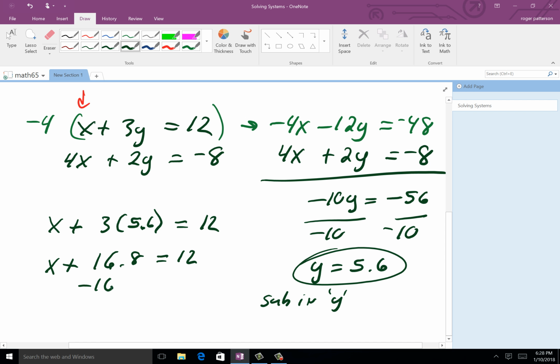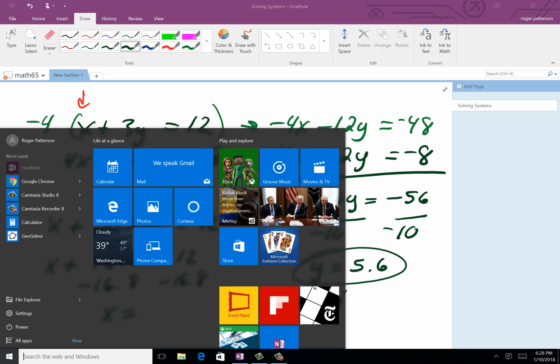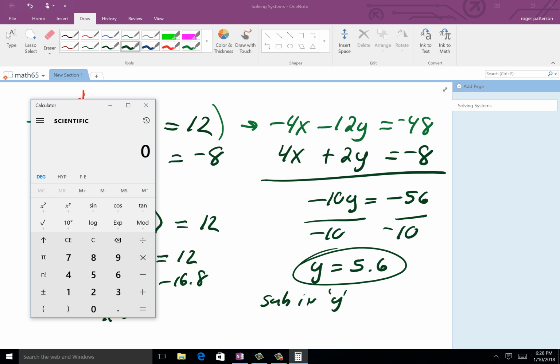Okay, so then I'm going to subtract that. And there's my answer. So now I got to take 12 minus 16.8.